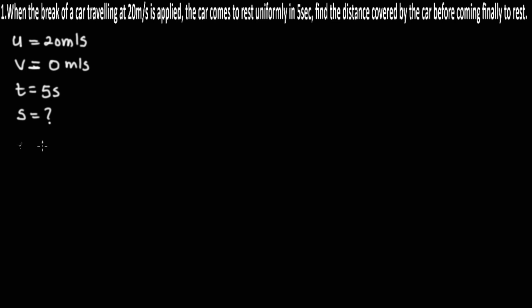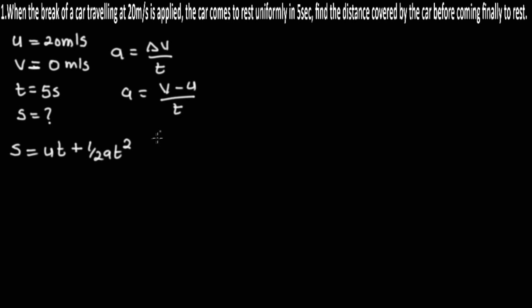Now we use this formula: s is ut plus half at squared. But if you notice, we don't have acceleration here, and acceleration is the change in velocity over time. So acceleration becomes v minus u over t, which is 0 minus 20 divided by 5.